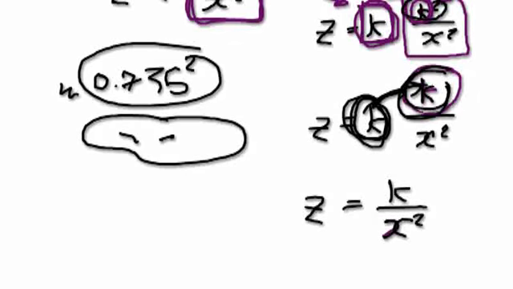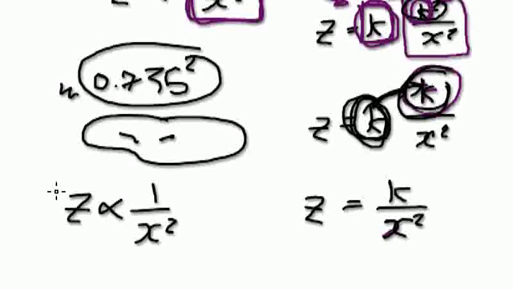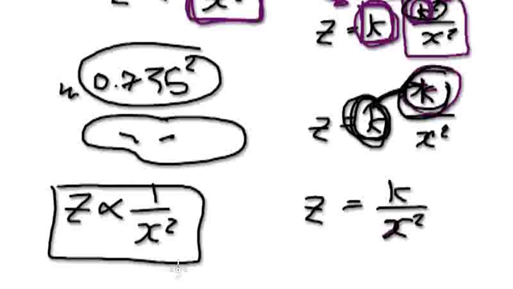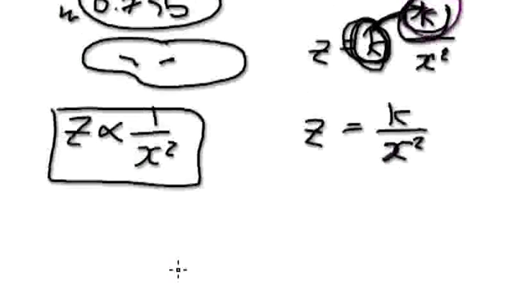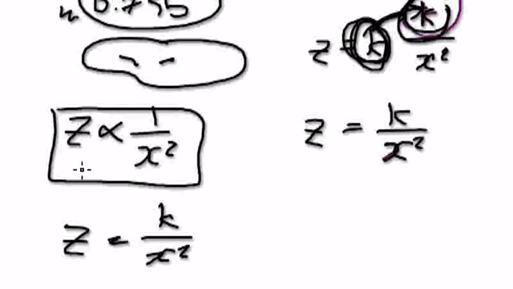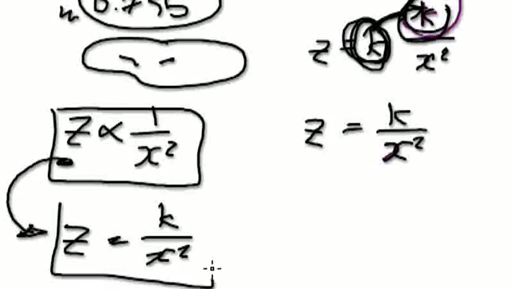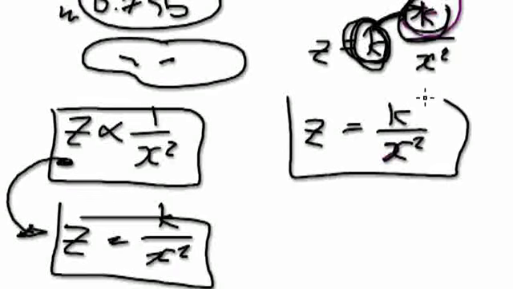Now, when you get given this, z is inversely proportional to x squared, you can immediately jump to z equals a constant over x squared. When given this here, you can jump to this. But now we are here at the moment.